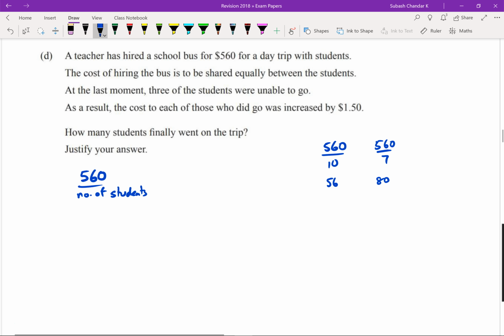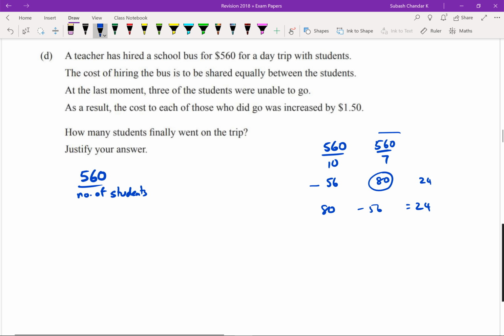Then how much has the price increased by? The price has increased here by $24. So what we're doing is this one minus this one here. I hope that makes sense. So 80 minus 56 is equal to 24.